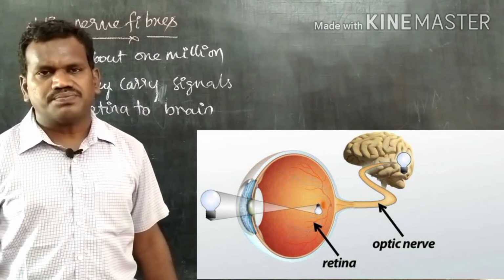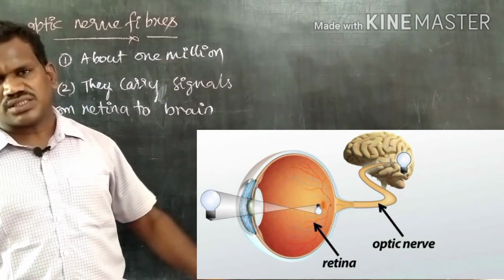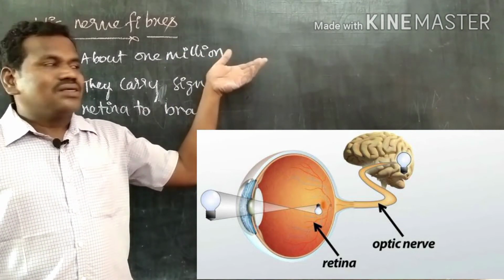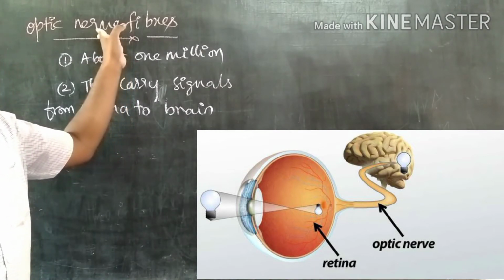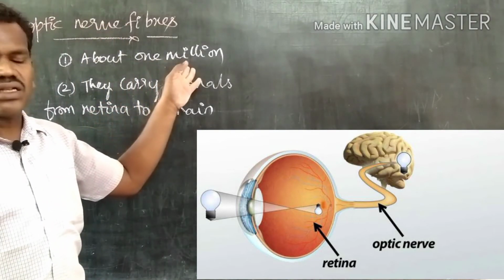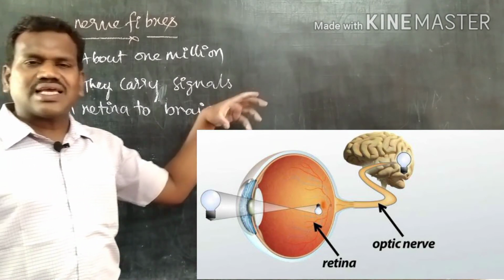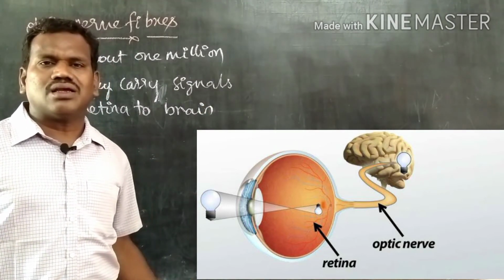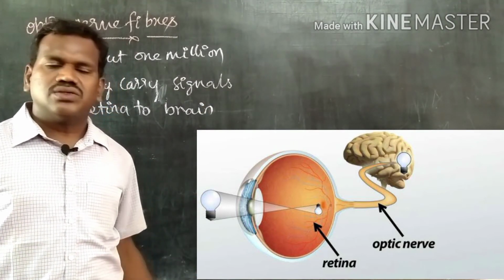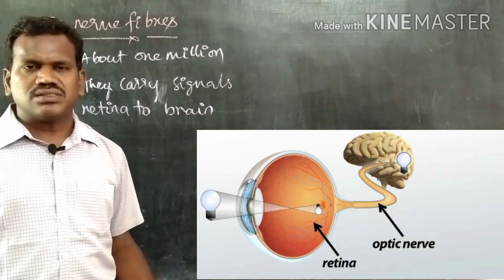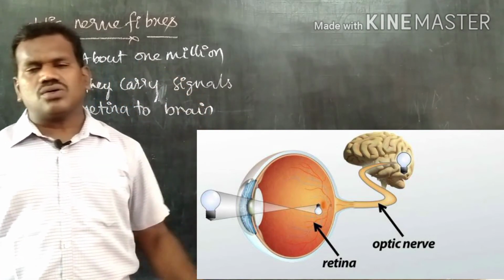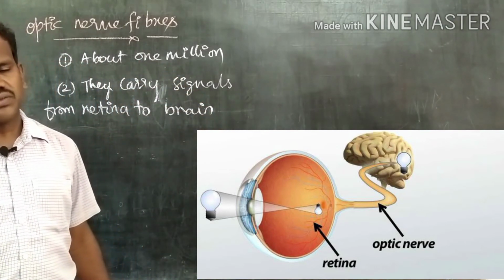These optic nerve fibers, which are about 1 million in number, will carry the information regarding the object from the retina to the brain. Why? Because the brain only controls the total eye part.